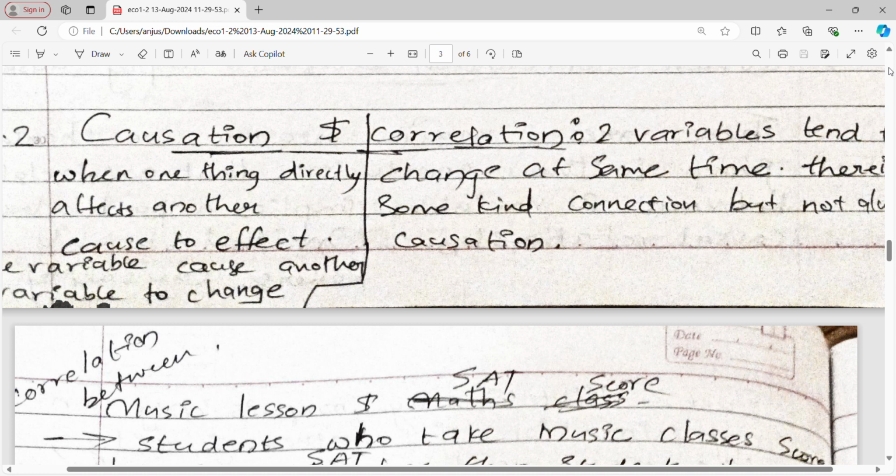A variable means a changing factor or a characteristic. When one changing factor causes another changing factor. So, for example, the temperature of water in a tea kettle.